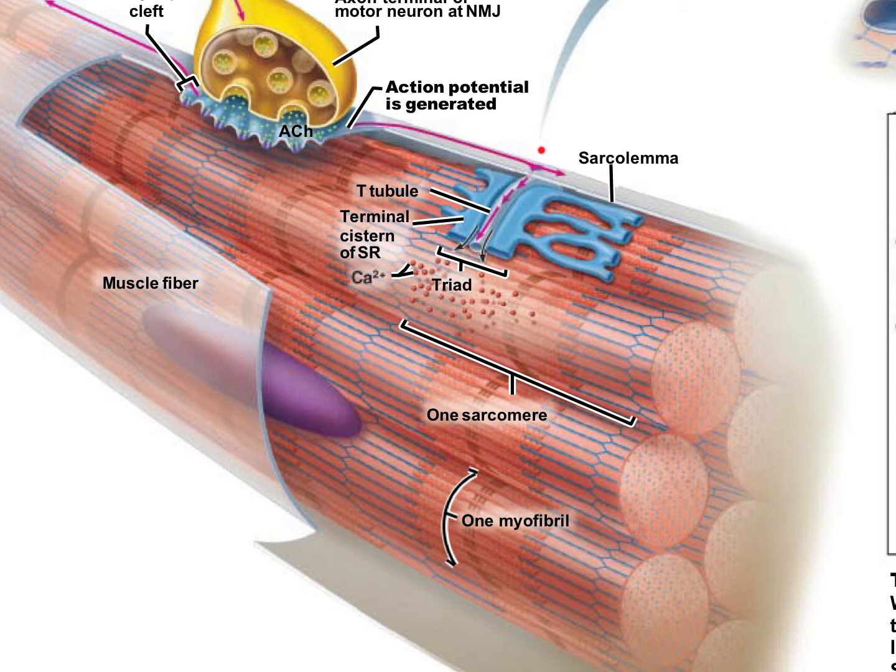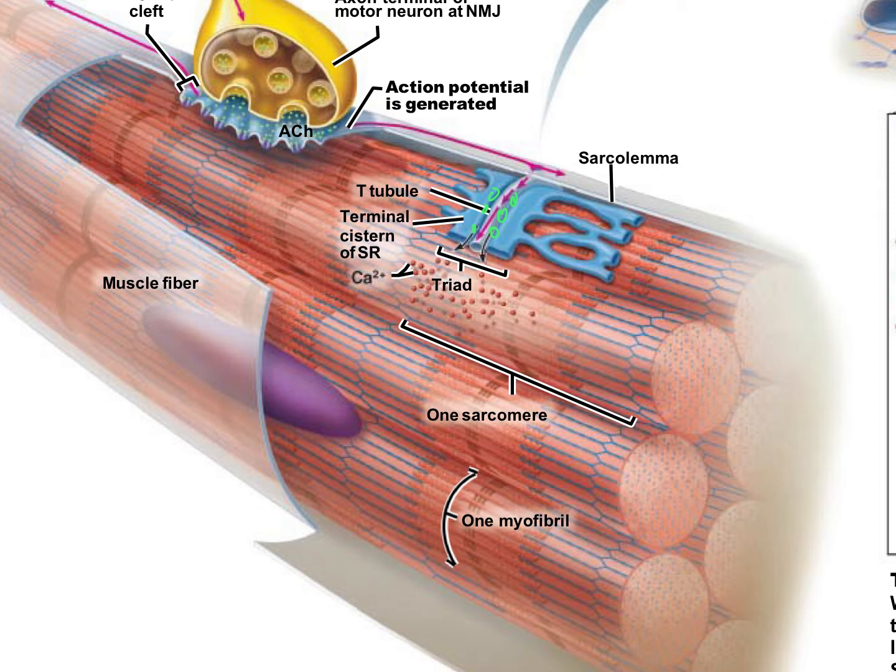The action potential propagates down the sarcolemma, down the T-tubules. As it goes down the T-tubules, it stimulates the channels that are present in the terminal cisternae of the triad. Remember, the terminal cisternae are the end points, parts of the sarcoplasmic reticulum.